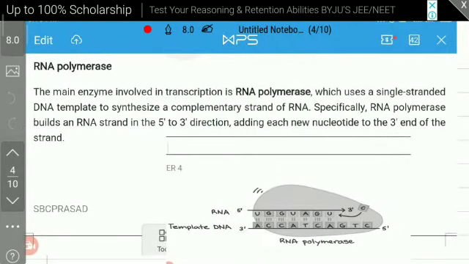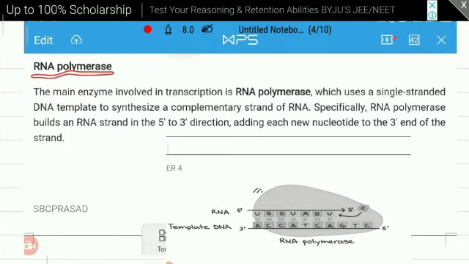And now we are going to see another one, that is what is called RNA polymerase. The main enzyme involved in transcription is RNA polymerase. So RNA polymerase is the enzyme involved in the transcription process. We will see how it works and all.